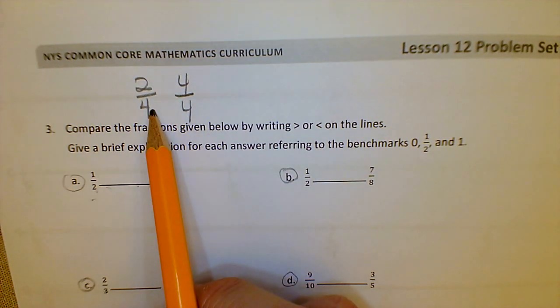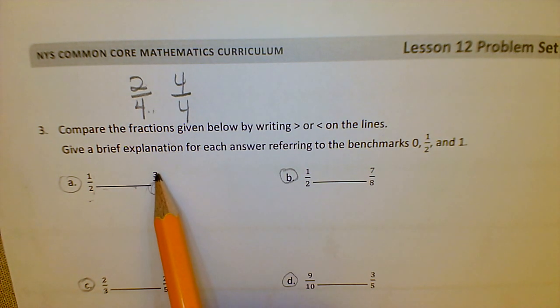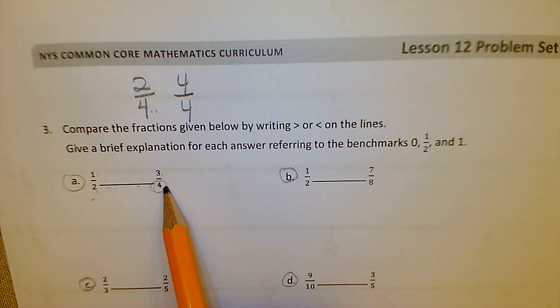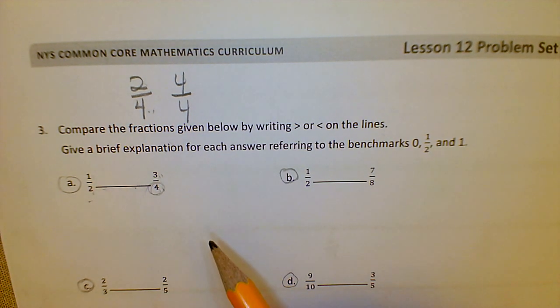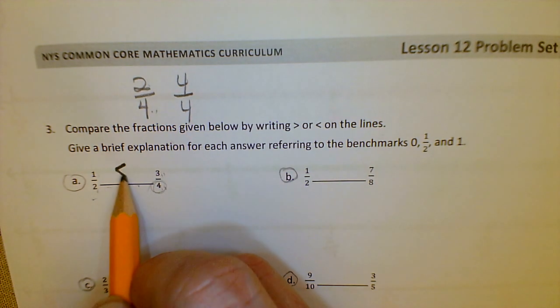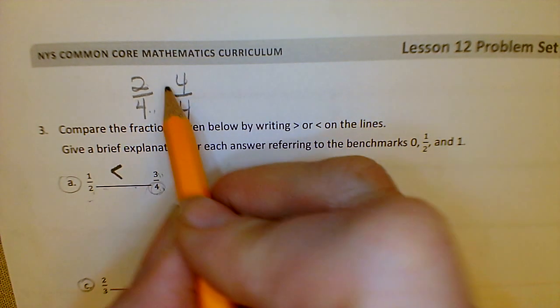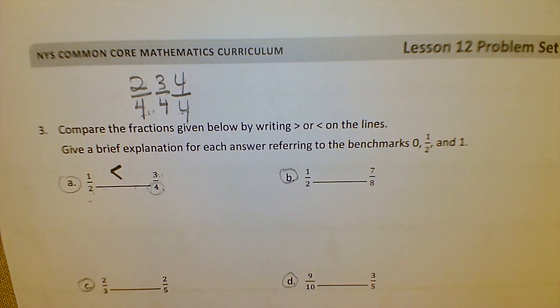So 2/4 would be the halfway point. Well, clearly, if 2/4 is equivalent to a half, then having 3 of those, 3/4, is going to be greater than a half, because it's greater than 2/4. It would fall right in between these two. So it's halfway between those two.